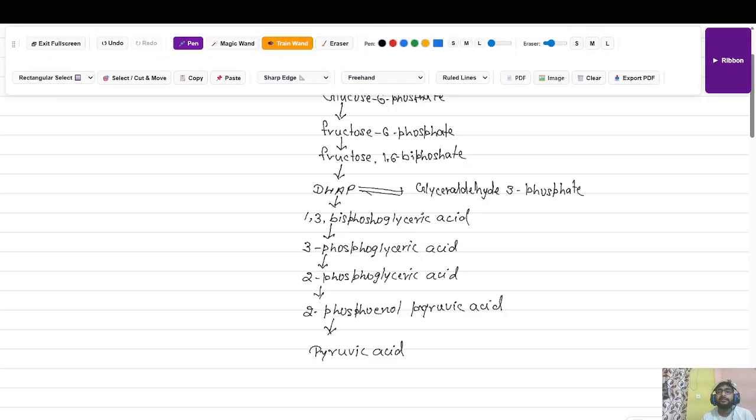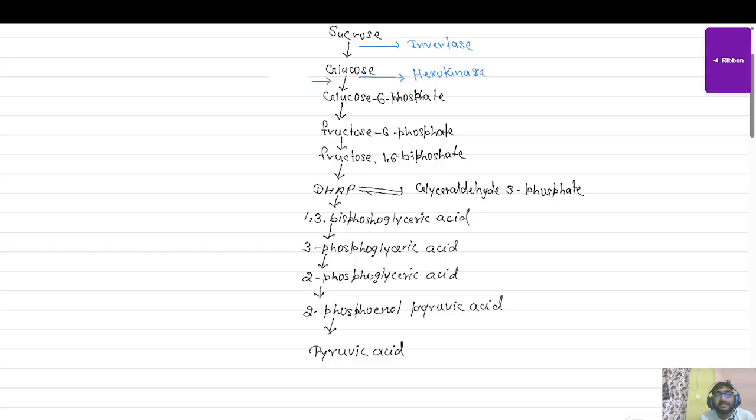We can write it like this: 1 ATP forms ADP plus inorganic phosphate. So 1 ATP will be used up here.